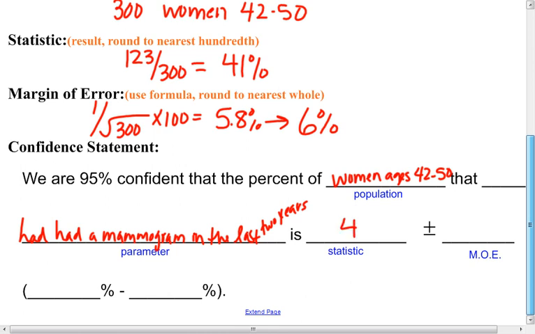In this case, it was 41%, plus or minus the margin of error, which is 6%. And then you're going to add and subtract those two numbers. So 41 minus 6% is 35%, and 41 plus 6% is 47%. Okay? And that's the little formula you're going to use to report your confidence statements every single time you do that. Okay?